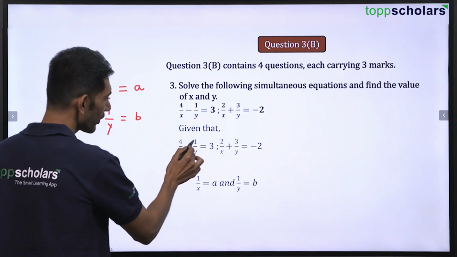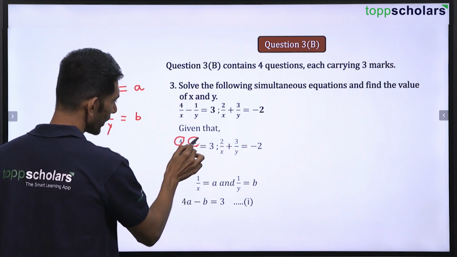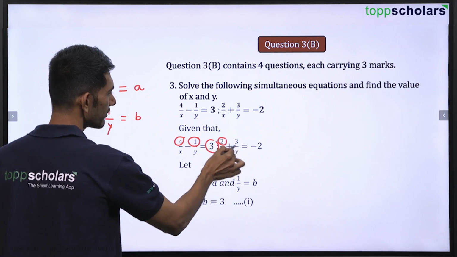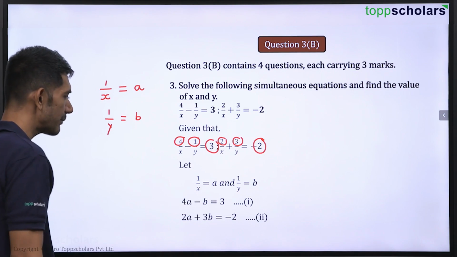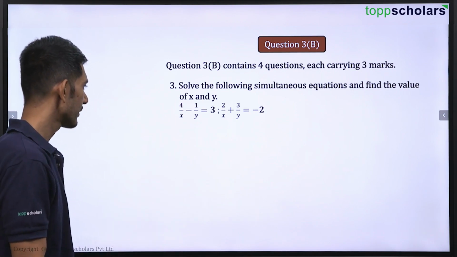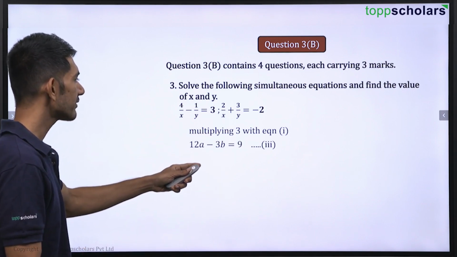So this becomes 4a − 1b = 3. Right, 4a − 1b = 3. 1b is b. And this becomes 2a + 3b = −2. Now you can solve these two simultaneously just by multiplying equation 1 by 3, right? So if I multiply equation 1 by 3, I get 12a − 3b = 9.